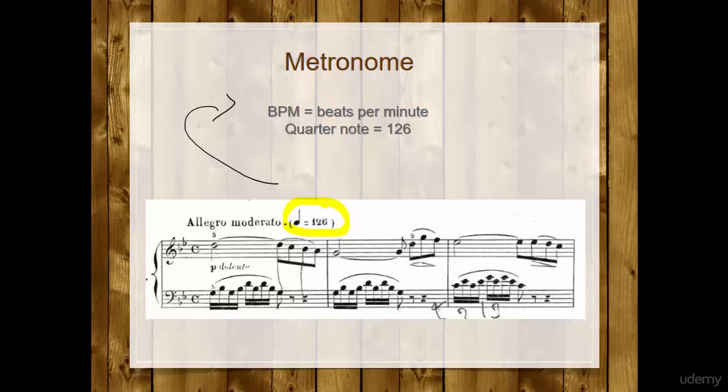That means that if you find in your piece, close to the Italian words, a quarter note equals 126, you must count 126 beats per minute. That's going to be the speed of the piece that you are going to play.